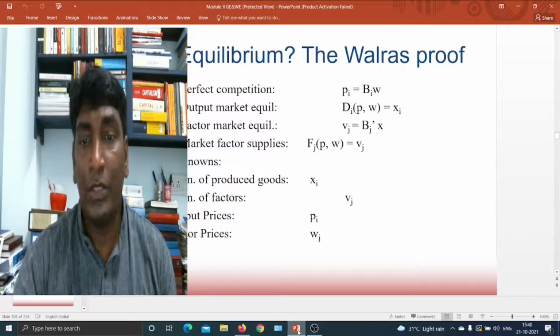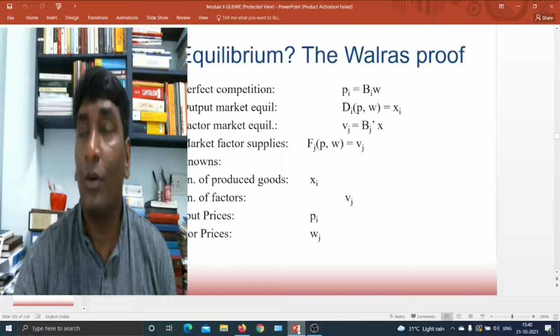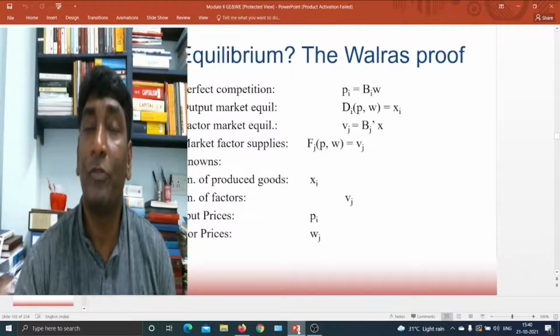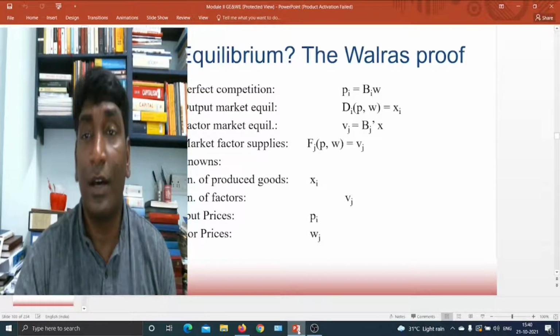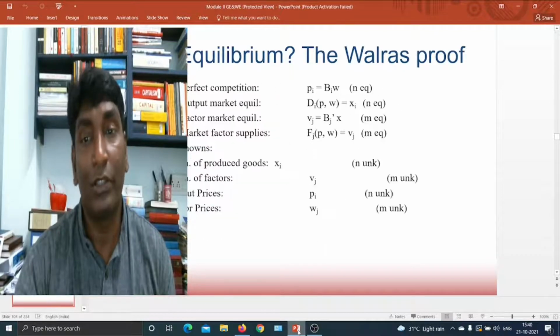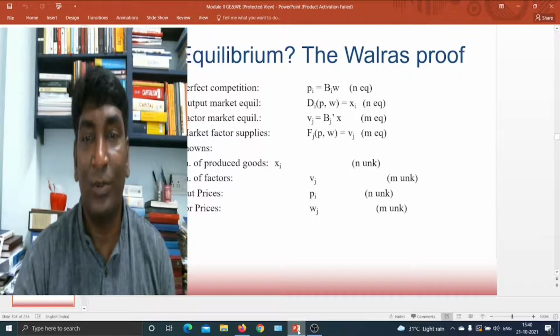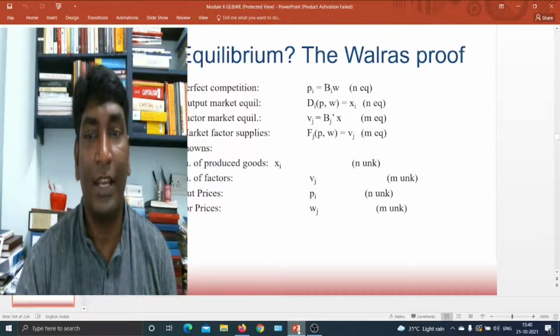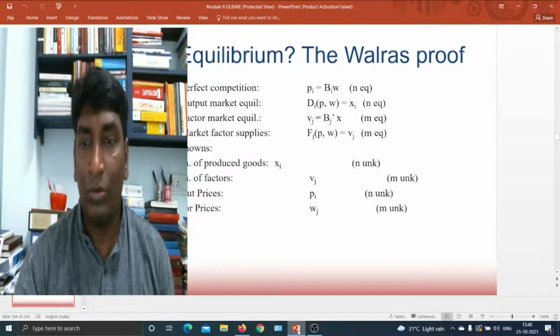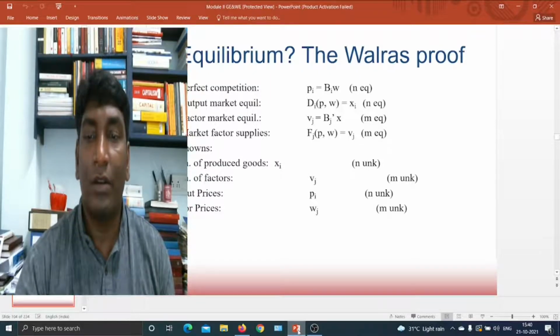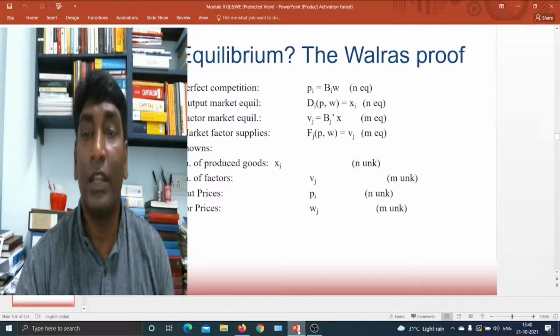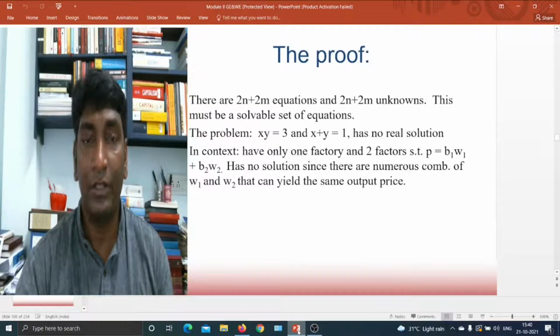Now, in the beginning I said you can drop one equation and still solve the thing. This immediately follows from this particular understanding, so I'll come to that later. Once you have n unknowns, m unknowns, n unknowns and m unknowns, then you have n equations and m equations, which we have already discussed.